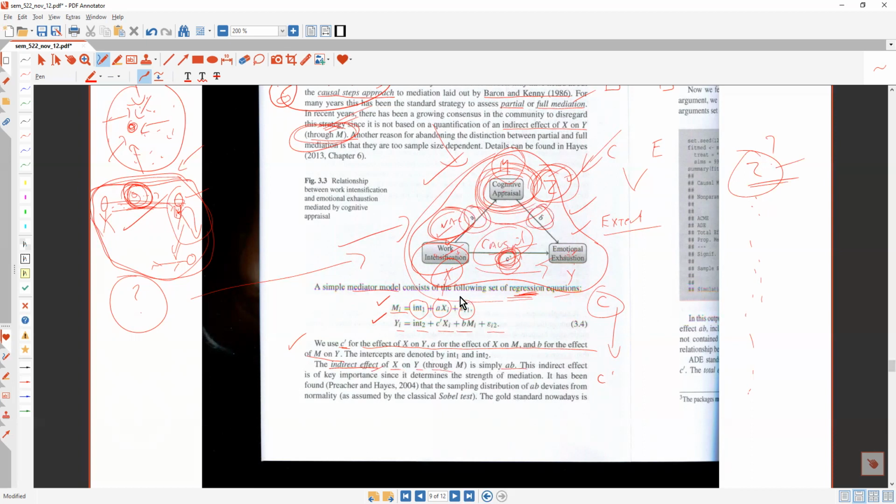But again, we want to be careful of the verbiage here. And there's nothing wrong with the verbiage so long as you know what it's actually talking about. The indirect effect, well, that's a statistical effect, right? This is just A times B. Just because you find evidence for the indirect effect does not mean that this variable is somehow physically going through this one.